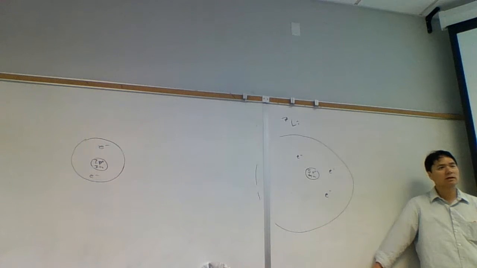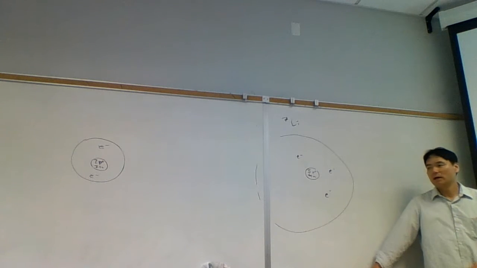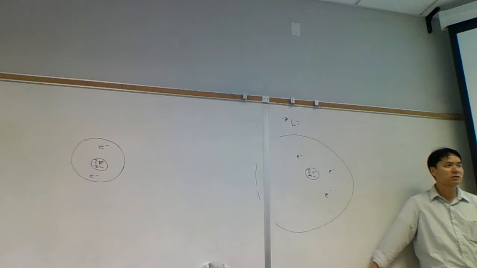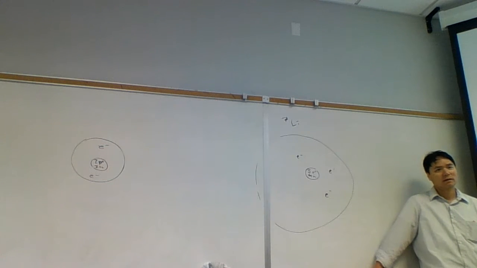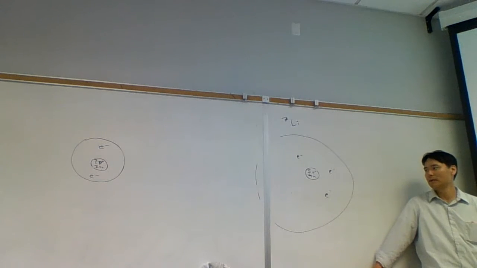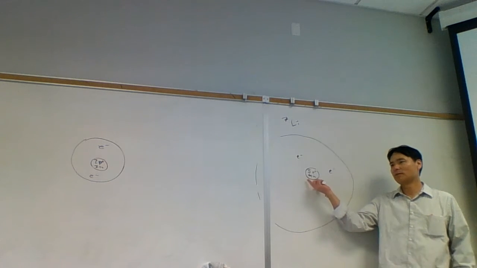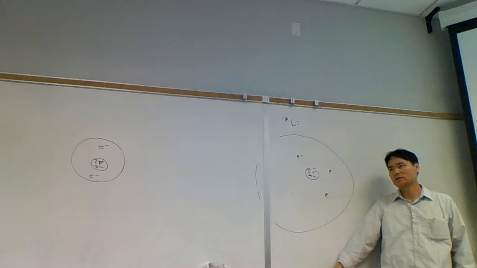So what else is there? Like I said, the electrons are kind of bizarre things. The electrons aren't like your normal little spherical particle. There's something about the electrons here. Like I said, the nucleus is the realm of the nuclear physicists or the nuclear chemists.